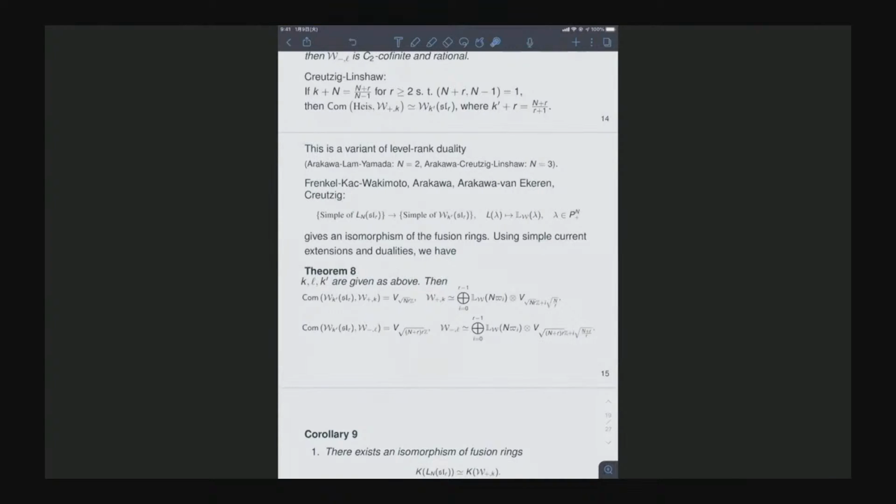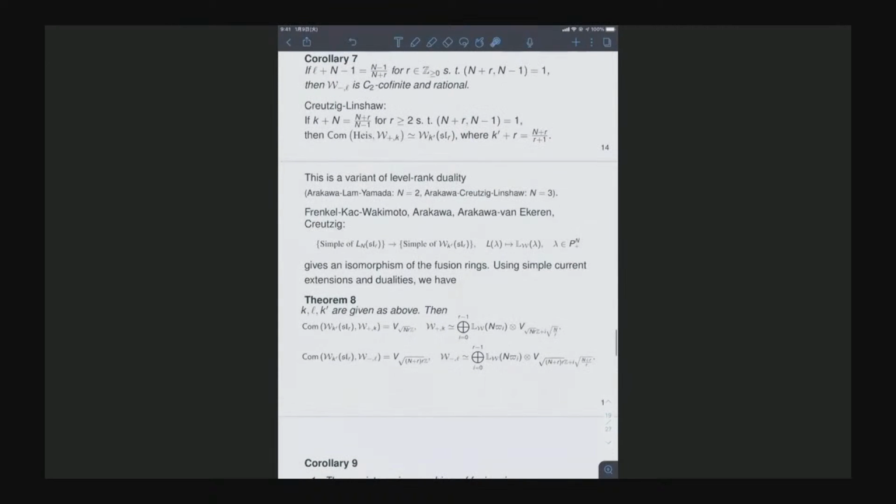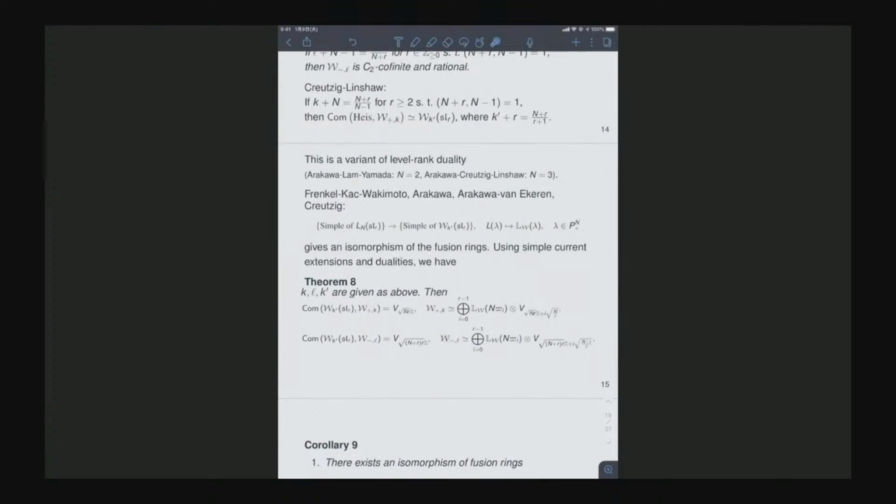And so our theorem is: if K, L, K' are satisfying our rational level conditions, then we consider coset of principal W-algebra inside the subregular W-algebra. Then this gives a lattice vertex algebra, and W^+ decomposes into these modules.